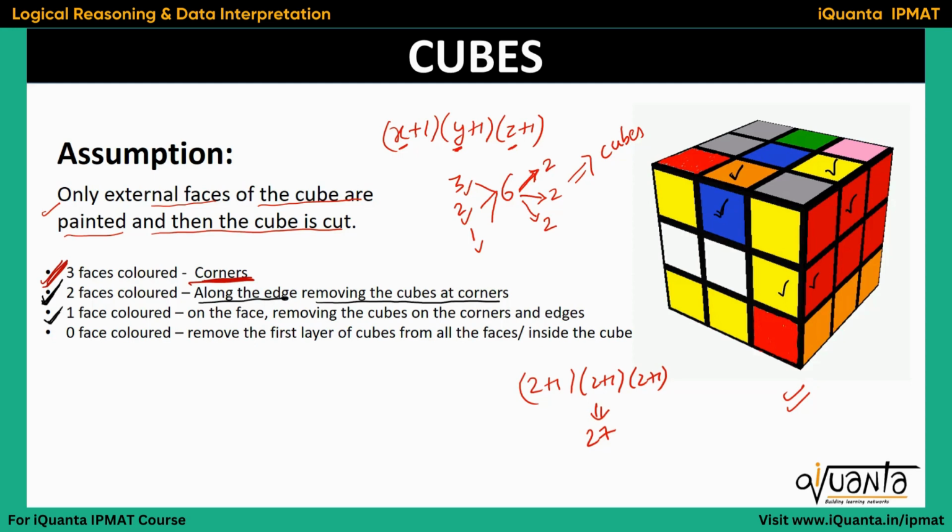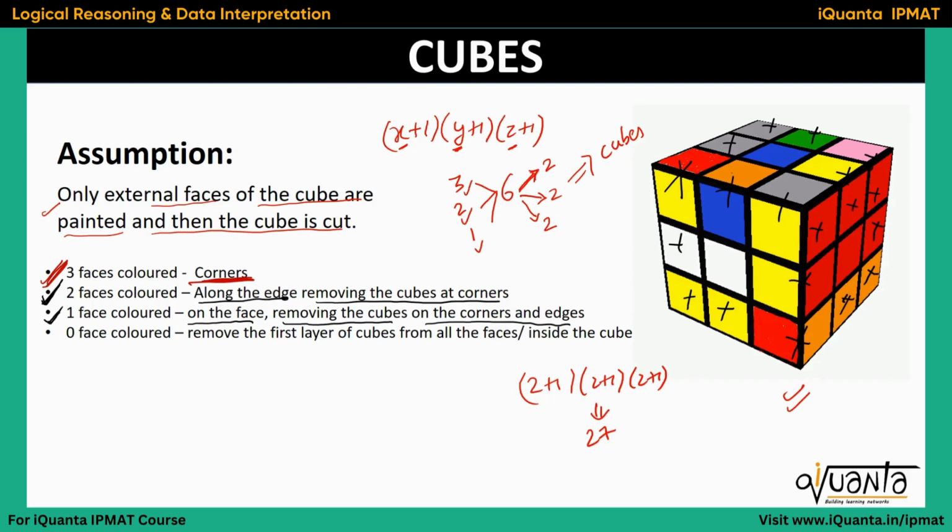Then coming to cubes with 1 face colored, such cubes are present on the face, removing the cubes on the corners and the edges. So removing the cubes present at the corners and the edges, we can remove this cube, then this cube, this cube. All these are present at the corners or the edges.